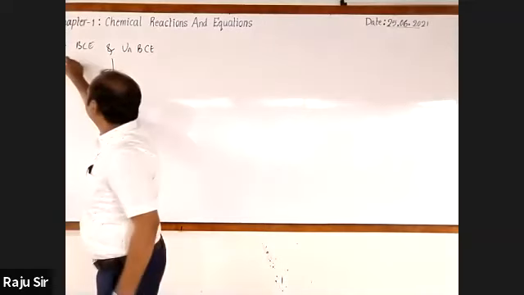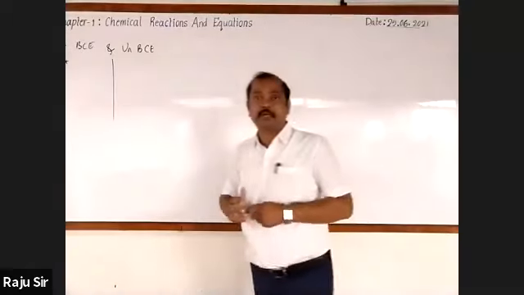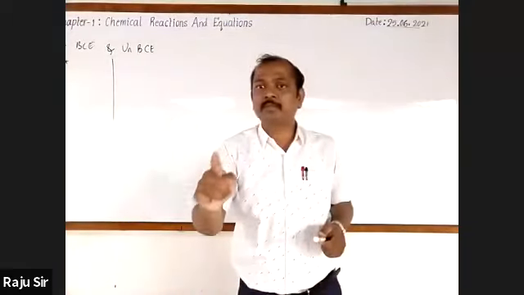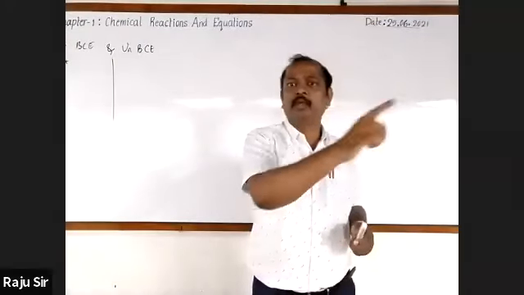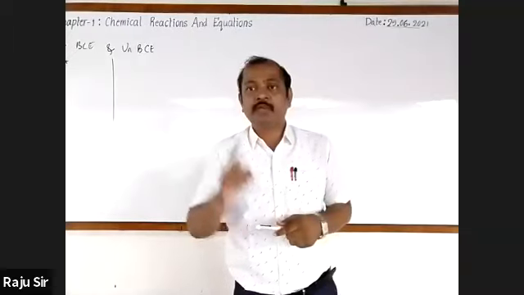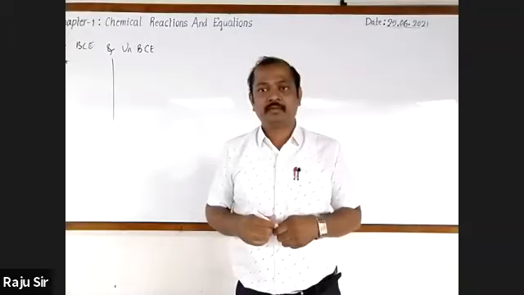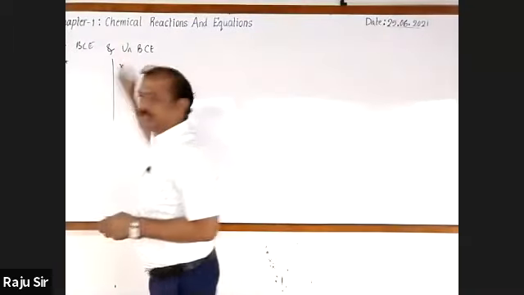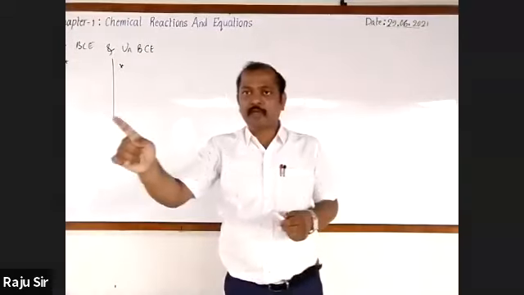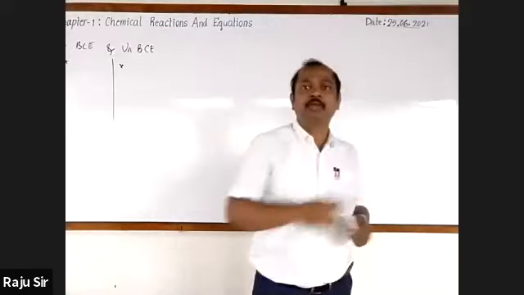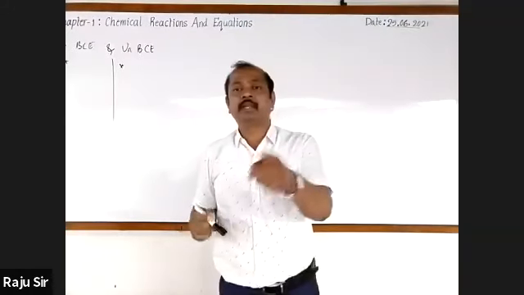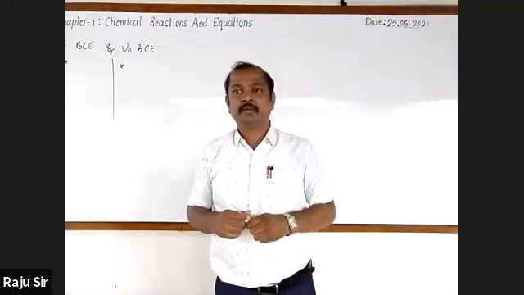In case of a balanced chemical equation, the number of atoms of each element on the reactant side is equal to the number of atoms of each element on the product side. Whereas in an unbalanced one, the number of atoms of each element on the reactant side is not equal to the number of atoms of each element on the product side.